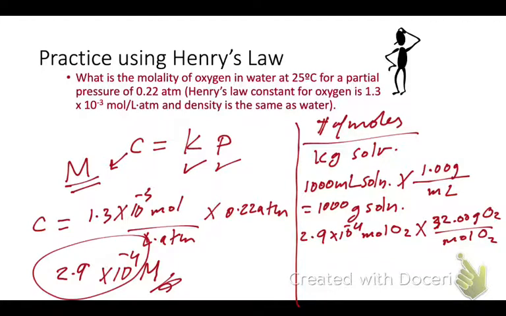That's going to give you grams of oxygen. Then you're going to have grams of water equal grams of solution minus grams of oxygen, and then finally you're going to calculate molality, which is moles of oxygen divided by kilogram of solvent.